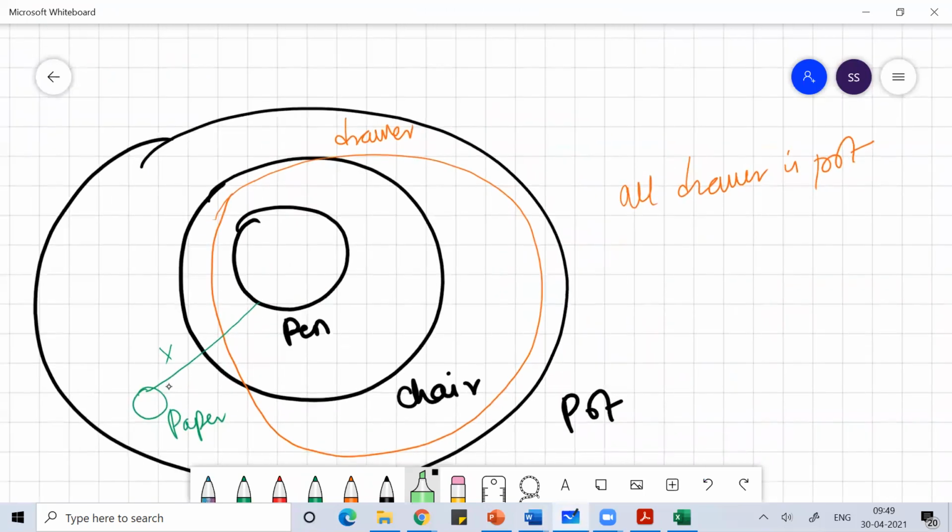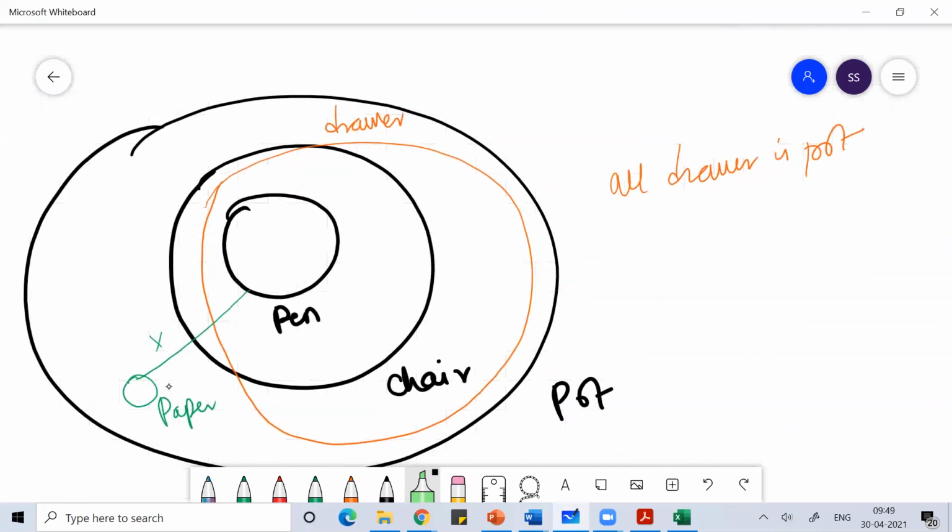Through this diagram, I'm trying to show that there is a possibility that all drawers are pot.